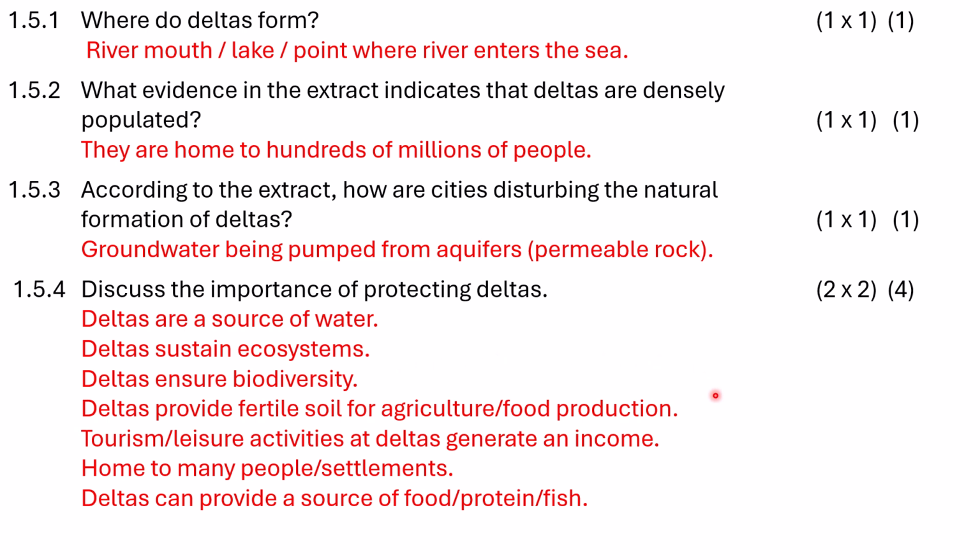They provide fertile soil for agriculture and food production. Tourism and leisure activities at the deltas are able to generate a source of income. Deltas, according to the extract, are home to many people, places where settlements are built, and deltas can provide a source of food or protein in the form of fish.